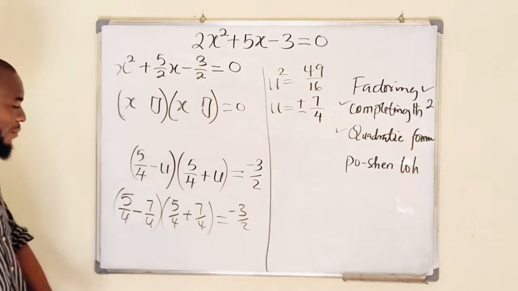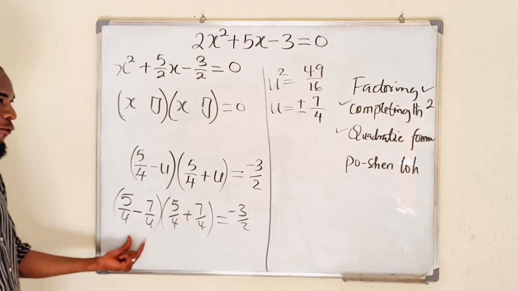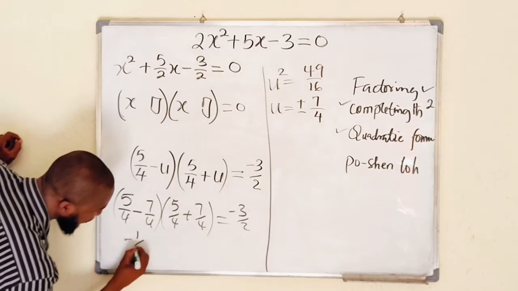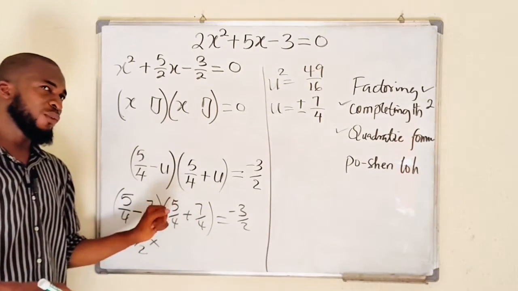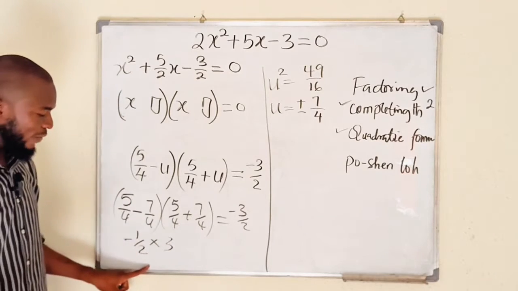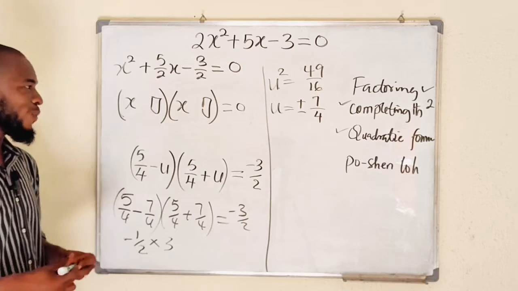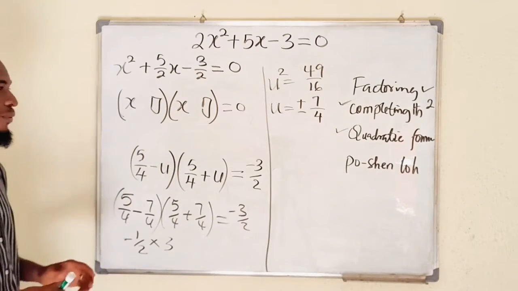That's what we need to confirm. 5 minus 7 will give us negative 2 over 4, that is negative 1 over 2. Negative 1 over 2 times this plus this will give us 12 divided by 4, which is 3. Yeah, negative 1 over 2 times 3 will give us negative 3 over 2. So you can just take these two values and plug them here and solve. You're good to go.